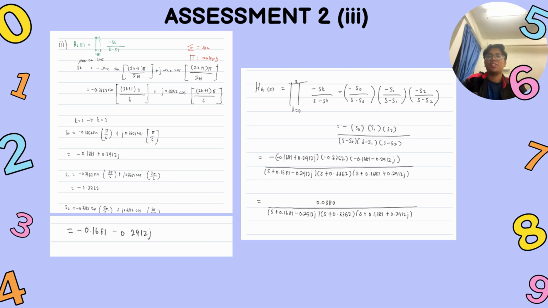Using the angular spacing equation for n equals 3, we compute three poles: a purely real pole s1 at negative 0.3362 and a complex conjugate pair s0 and s2 located at negative 0.1681 plus or minus j 0.2912. Multiplying those pole factors together yields the final polynomial expression in the denominator, giving us the completed third order analog transfer function shown here.